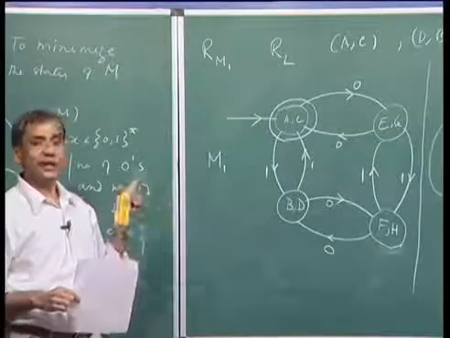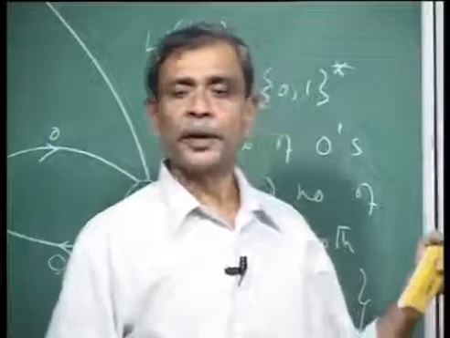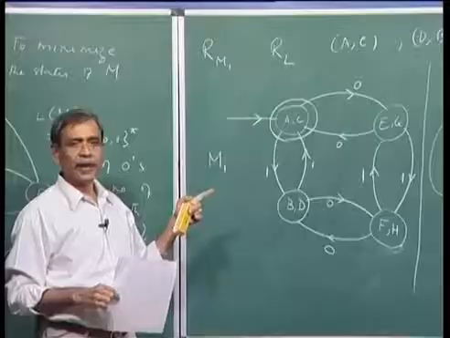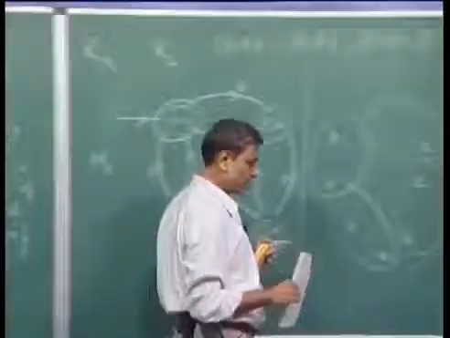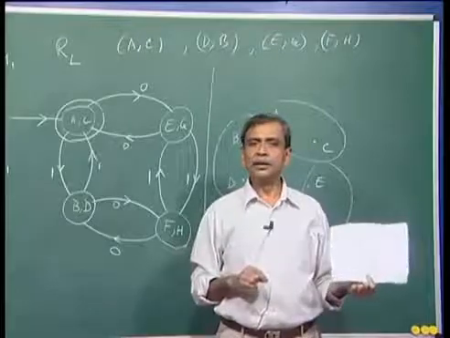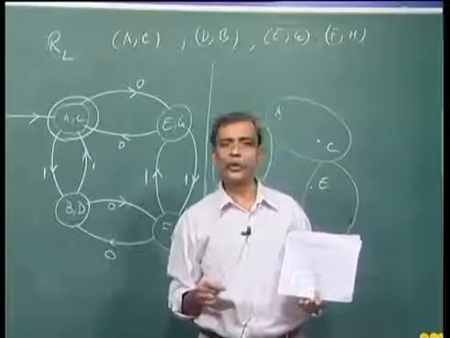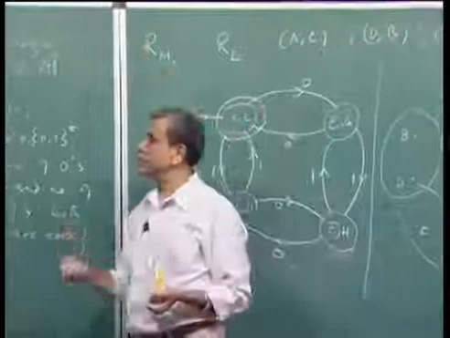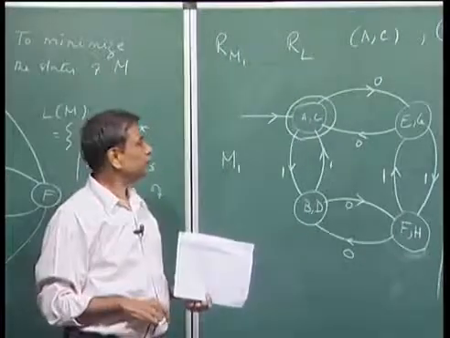This is something we proved from our Myhill-Nerode theorem, when we proved that the number of equivalence classes of RL has to be less than or equal to the number of equivalence classes given by any machine accepting the same language.